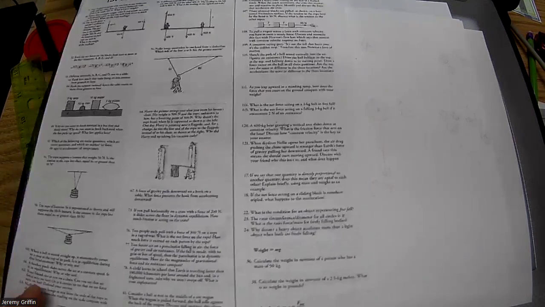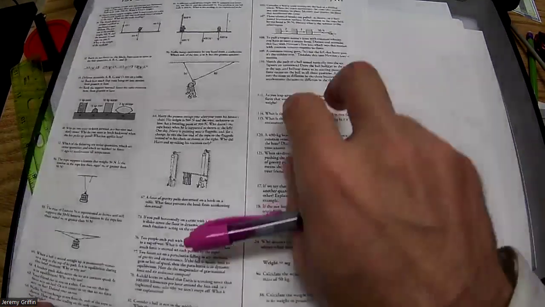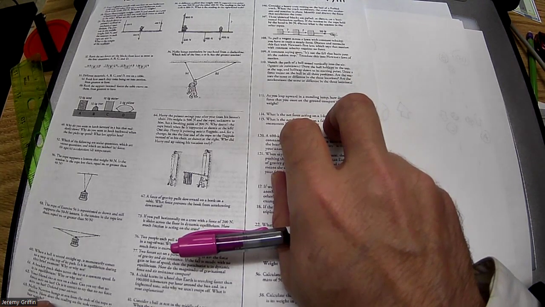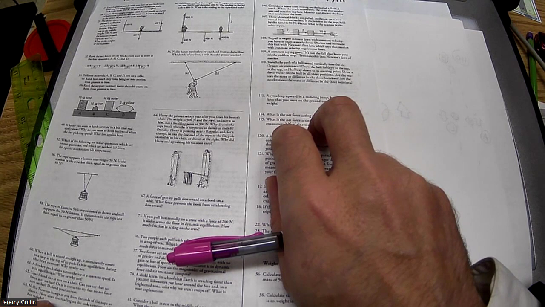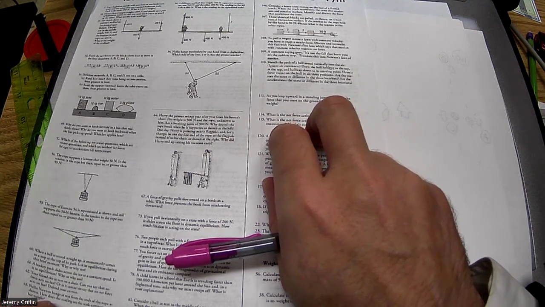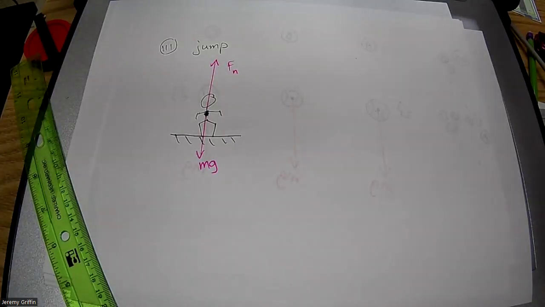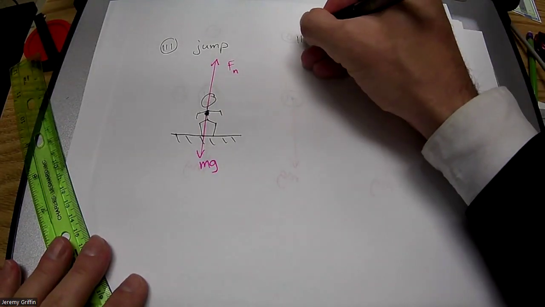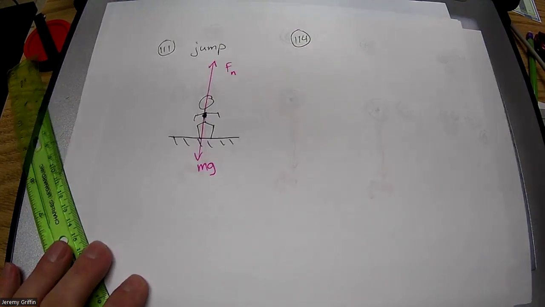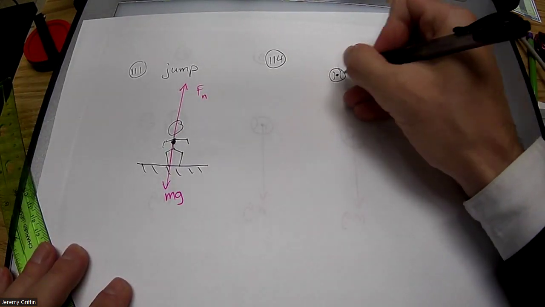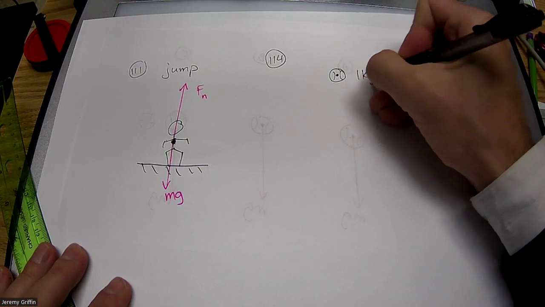All right, 114, 115. It looks like these two go together. What is the net force acting on a 1 kilogram ball in free fall? The follow-up question, 115, says, what if there's 2 newtons of air resistance? So let's do these two. 114: we got a ball, 1 kilogram is the mass.